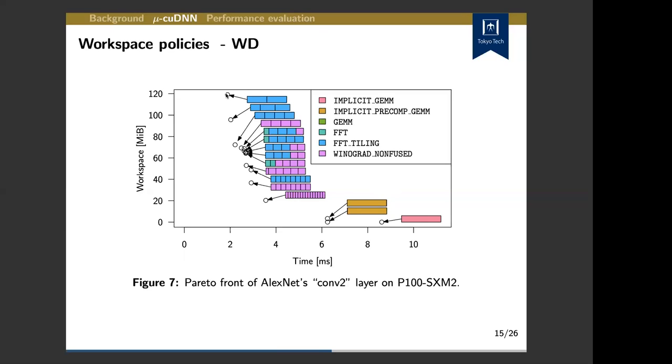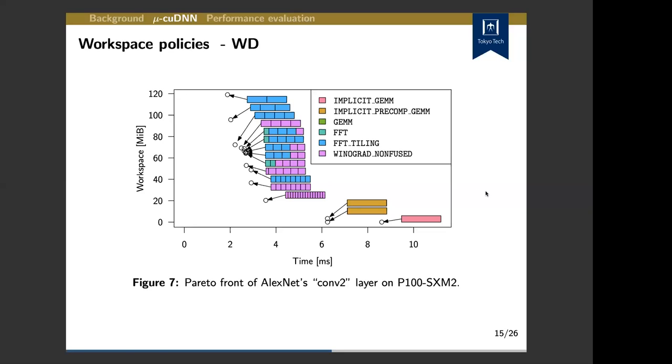As we increase the workspace size, more efficient algorithms can be used, and even several algorithms are combined. On the other hand, if MicroQDN is not used, the fastest algorithm is implicit precomp GEMM, the yellow one, because other algorithms like FFT or Winograd originally require much more workspace, like 200 megabytes.